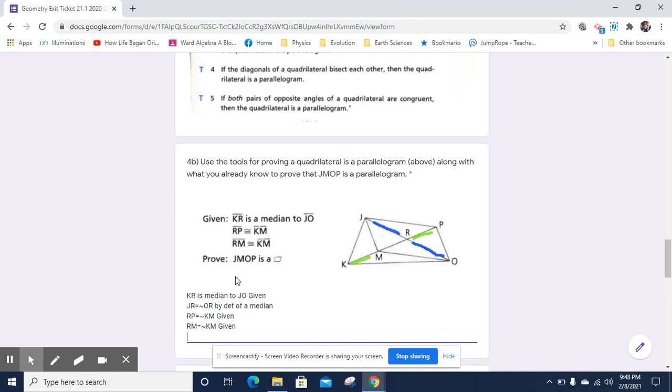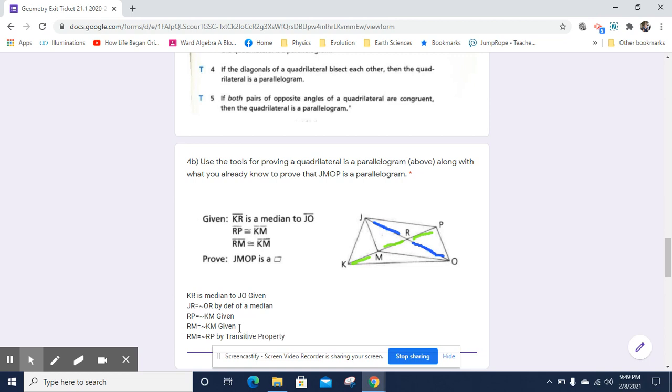Now, by transitive property, we can also say that RM is congruent to RP, because RP was congruent to KM, which was congruent to RM, and therefore RM and RP are congruent by transitive property.